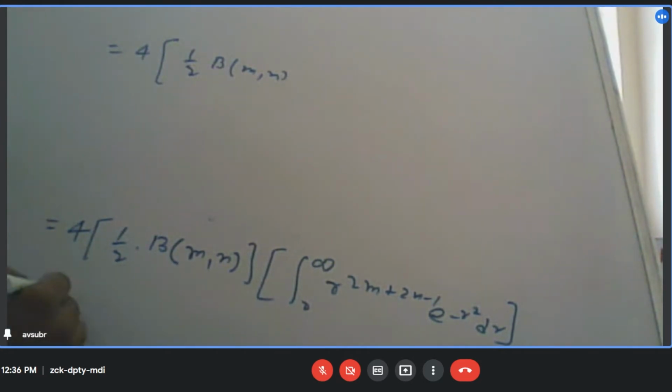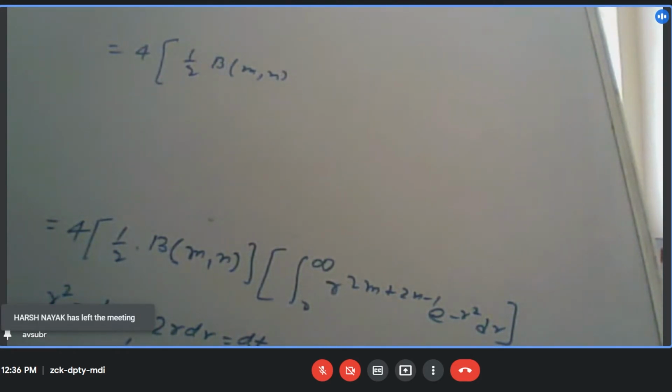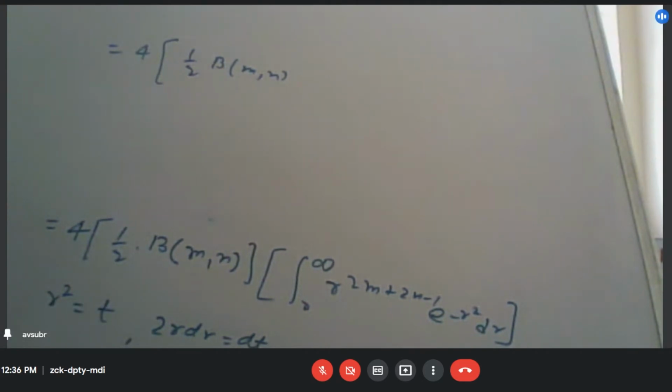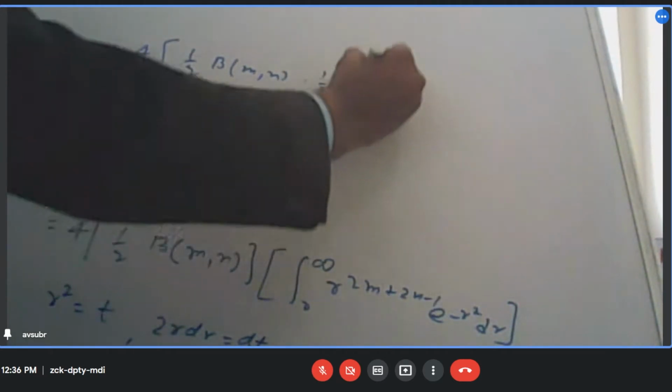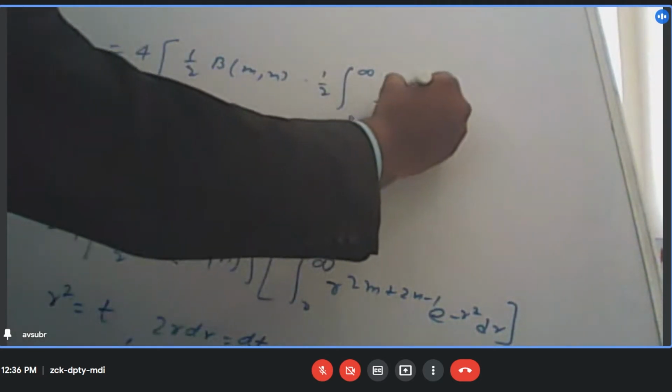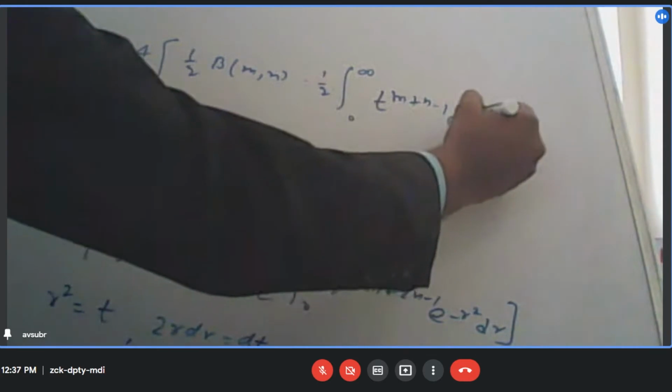So let us put r square is equal to t. Okay, so 2r dr is equal to dt. Is it okay? All right. So now this will become 1/2, 0 to infinity, t to the power m plus n minus 1, e to the power minus t dt.